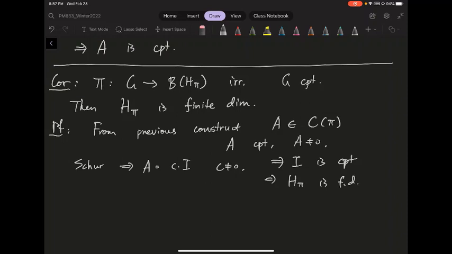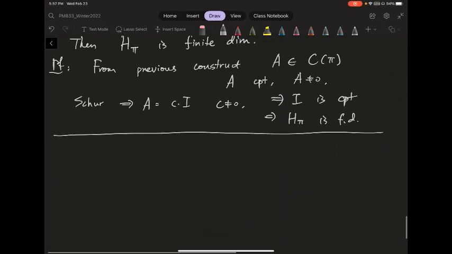And moreover, I can actually also show the following. So let's do the following theorem. In fact, this also shows that every unitary representation can have a direct summand of these irreducible ones.